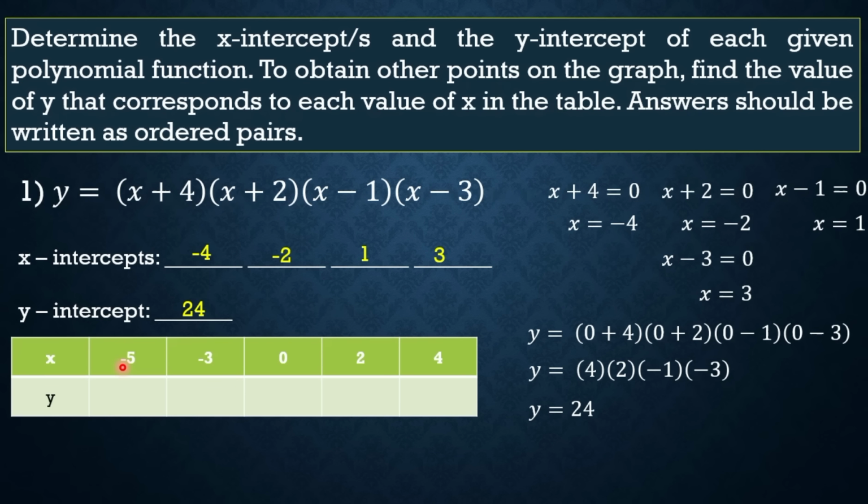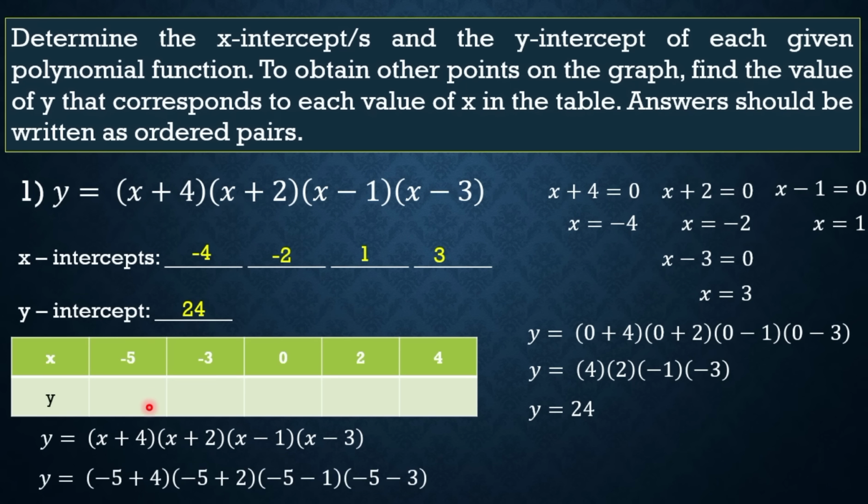So, halimbawa, si negative 5. So, ano magiging value ng y? So, kunin lang natin yung given natin and then papalitan natin yung x ng negative 5 para makuha natin yung value ng y. So, negative 5 plus 4 times negative 5 plus 2 times negative 5 minus 1 times negative 5 minus 3.